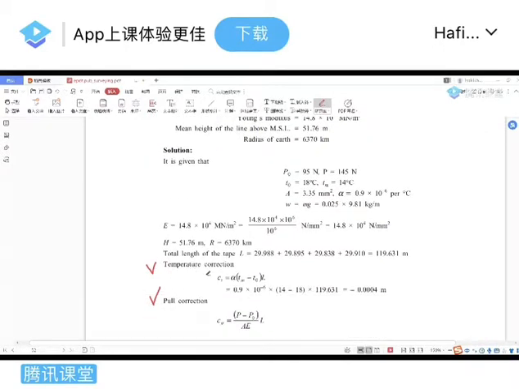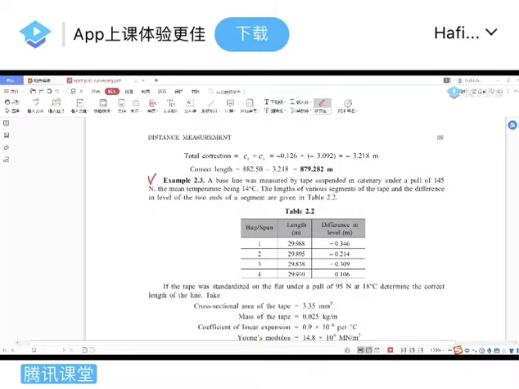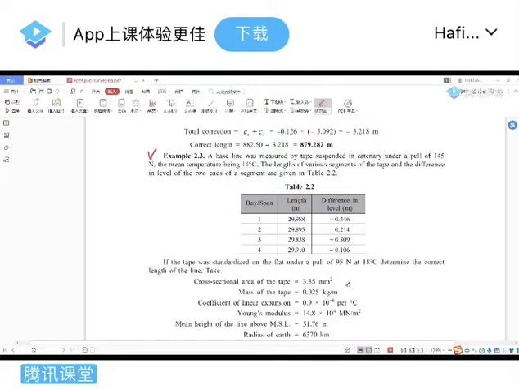This one also has a temperature correction. Briefly, the outside field temperature is 14 degrees Celsius, and the standard one is 18. These are standardized under two conditions: one is force, the other is temperature. Temperature-wise it is 18.